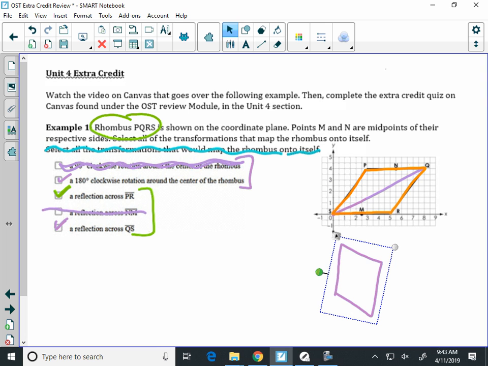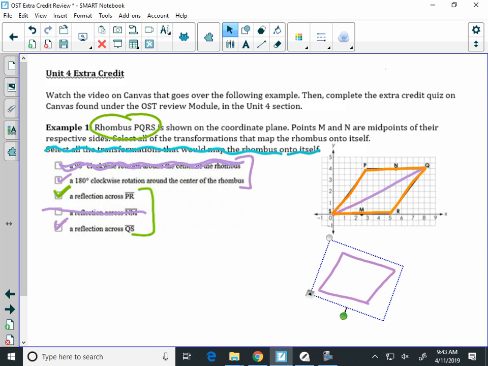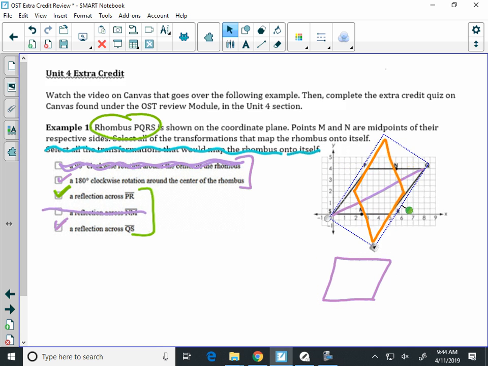So then turn it another 90 degrees, and it ends up looking similar to what is originally there. So that's telling you that 180 degree rotation works. Either way, 90 degrees just doesn't end up working out. But 180 degrees does.